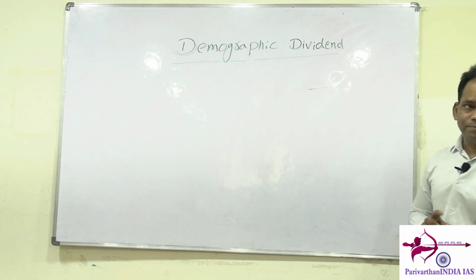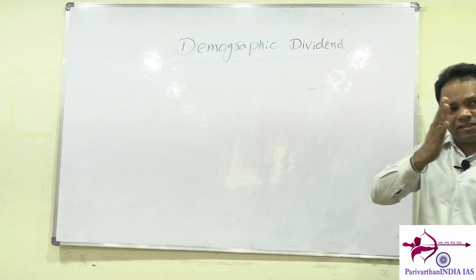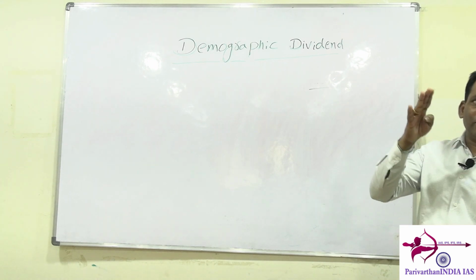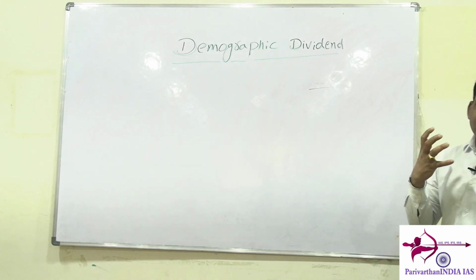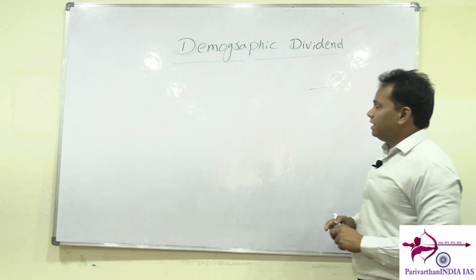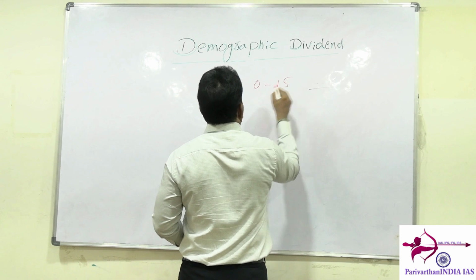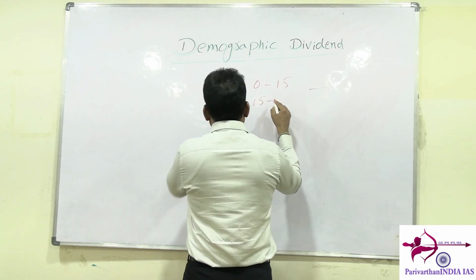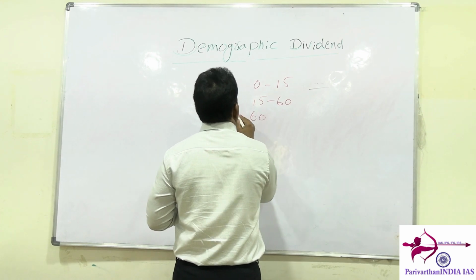Next, growth pattern, whether it is growing or reducing compared to the previous census. The trend of the growth is also important. Next, age structure: mostly 0 to 15 years, 15 to 60, and more than 60.